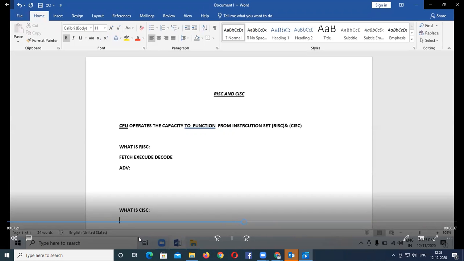A complex instruction set computer is a computer where a single instruction can perform numerous low-level operations like load from memory, arithmetic operation, memory store, accomplished by multi-step processing or addressing modes in a single instruction.